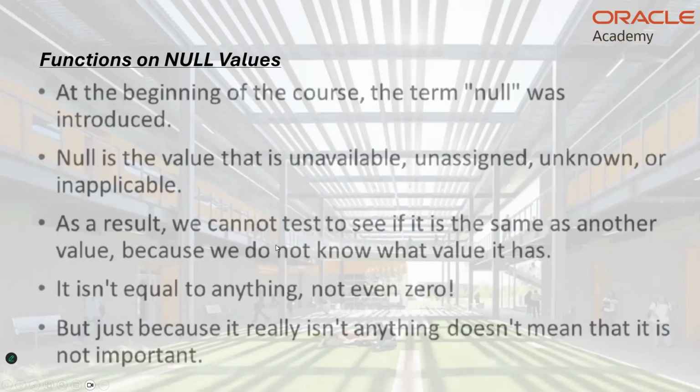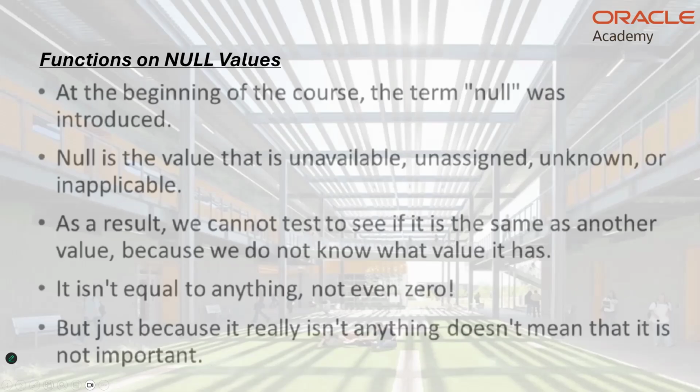All right, null values. Way back in the beginning, we mentioned nulls: null is unavailable, unassigned, unknown, or basically inapplicable. As a result, it can't be truly tested or evaluated. It's not equal to anything. It's not even equal to 0. Remember that.